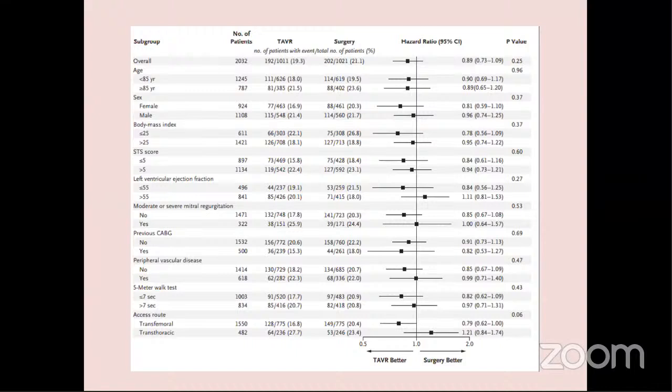What do you call this graph? Anybody knows? Yes. Generally, this line, the dot, gives you the estimate. The most important thing is that the horizontal line does not cross the midline.